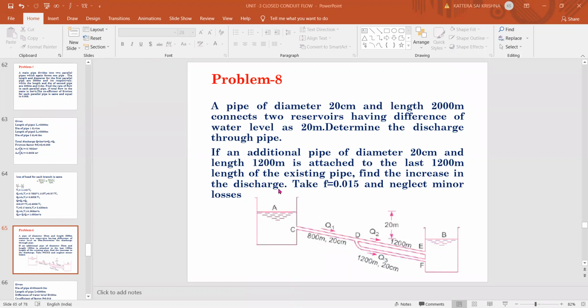Right, so please copy the question. Everybody, please copy the question. You can copy the diagram also roughly. If you see the diagram, he has given the diameter for all the cross sections of the pipe as 20 centimeter only. In the second case also, the branched pipe diameter is given as 20 centimeter only.